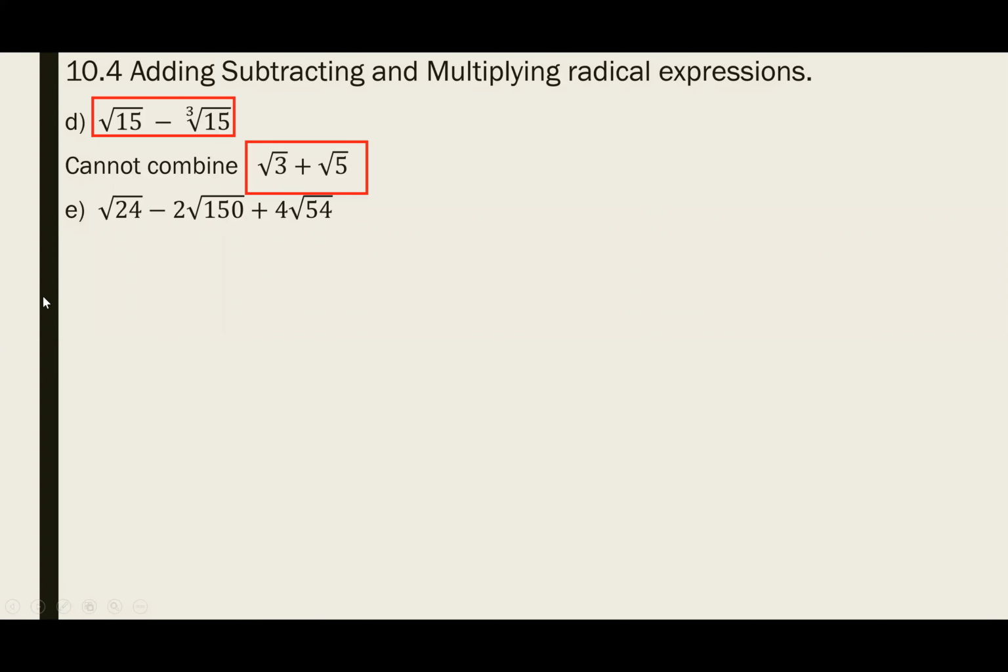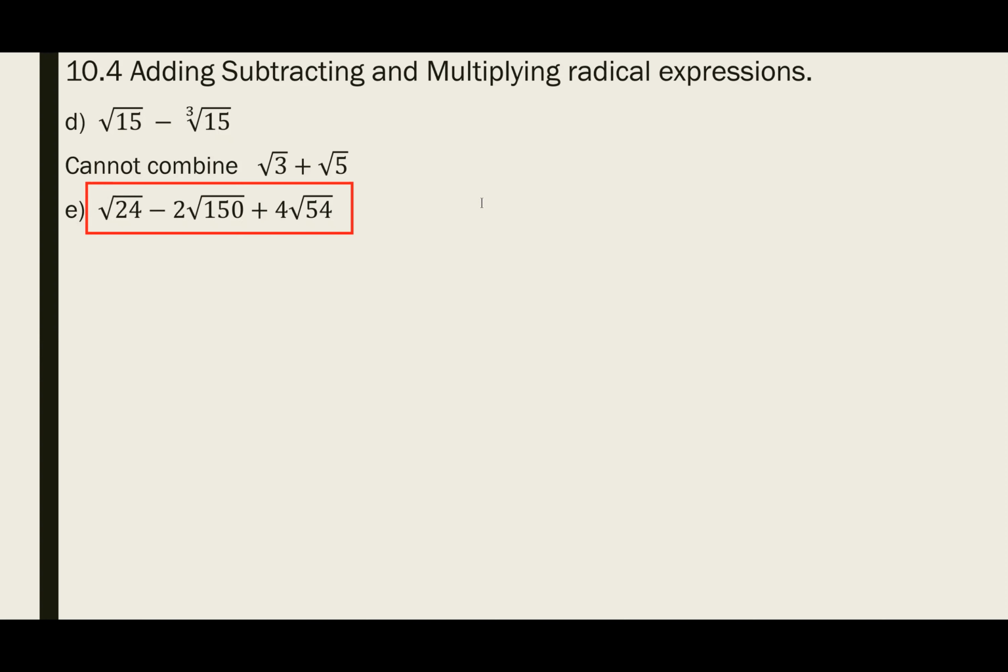So let's take a look at E here. Before we jump to the conclusion that this is my answer and there's nothing we can combine, before we say, oh, E just looks exactly like D, the first thing you need to ask yourself is: is there any perfect square lingering around inside my square root of 24?